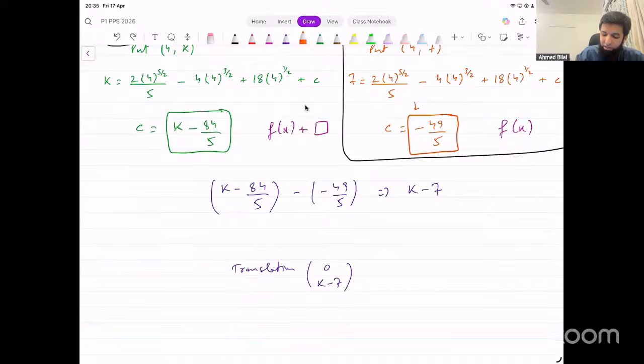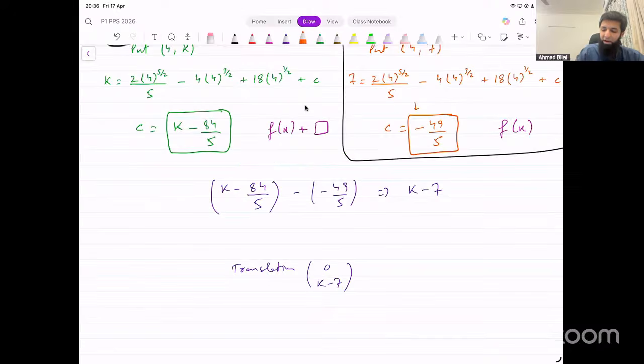Let's suppose the original c was 5, and after transformation, the c was 16. How much do you need to add to 5 to get to 16? You need to add 11. How do you get 11? 16 minus 5. That's exactly what we're doing here.